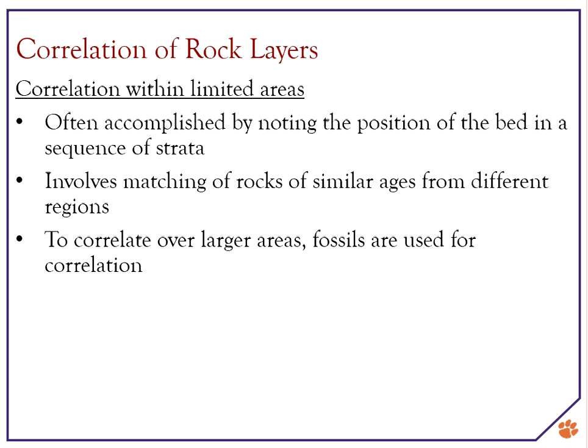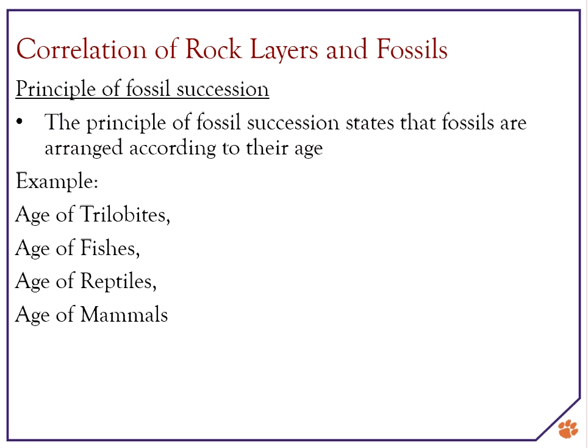And we can match these different rocks from similar ages in different regions. However, when we need to correlate over larger areas, we will need the aid of fossils to help us create these sorts of correlations. So there are several principles that we can use for going after this larger area correlation of layers.